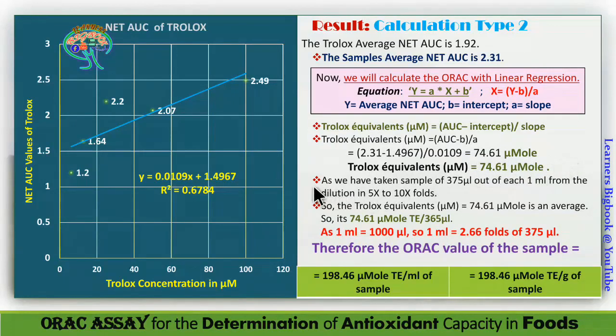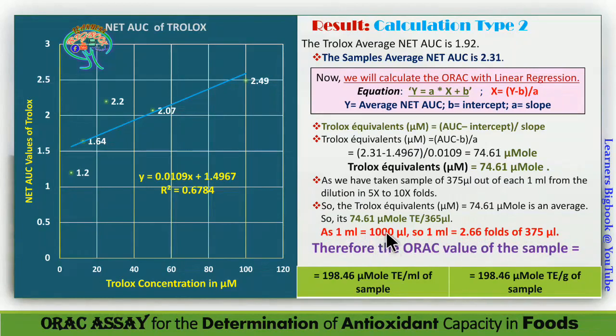As in the previous slide I have mentioned, whatever value we got is for the 375 microliters, which will be the net average AUC. So further it has to be multiplied by 2.66 folds, that is 375 microliters is present in 2.66 folds for 1000 microliters.